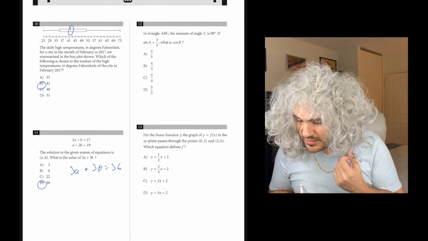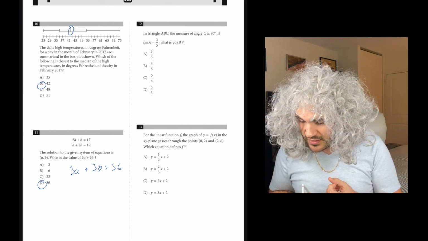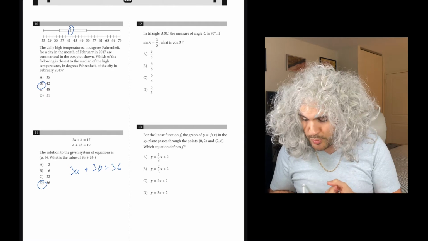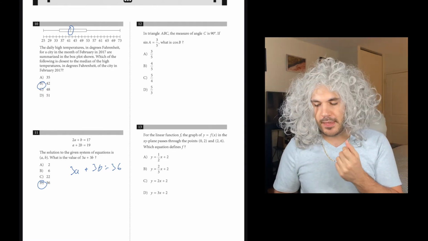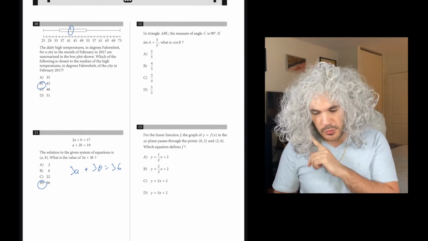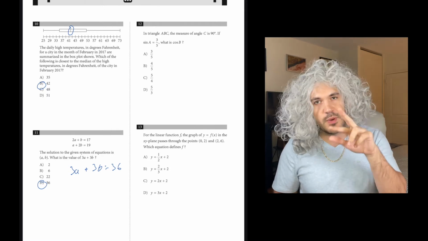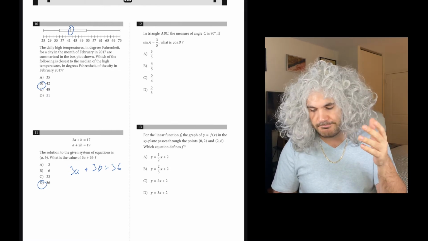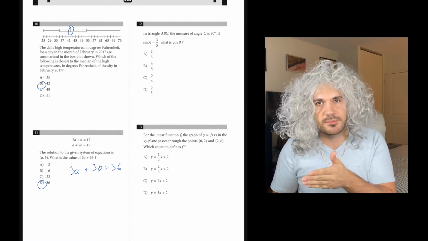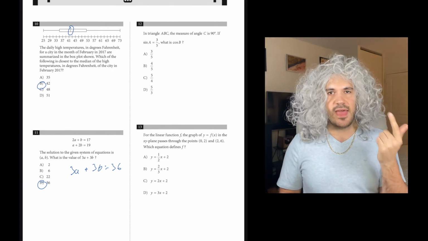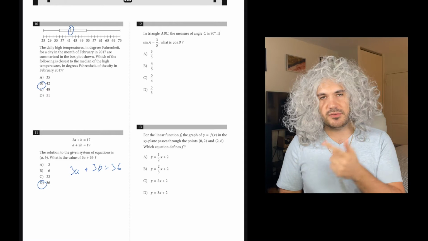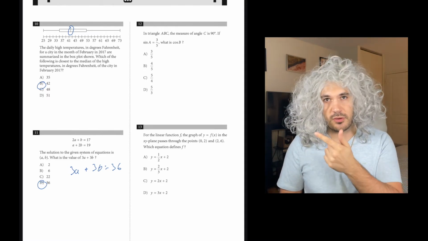In triangle ABC, the measure of angle C is 90 degrees. If sine of A is equal to 3 over 5, what is the measure of cosine B? We have a rule with triangles. When you have a right triangle and you have two angles, let's say A and B, the rule is sine of A is equal to the cosine of B. So the sine of the one angle is equal to the cosine of the other angle.